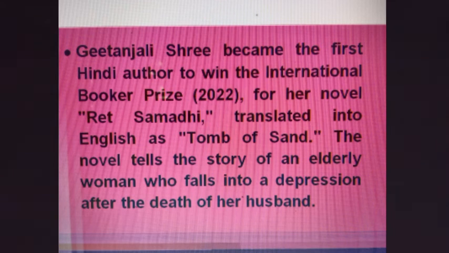The novel tells the story of an elderly woman who falls into a depression after the death of her husband. She won the prize in 2022.